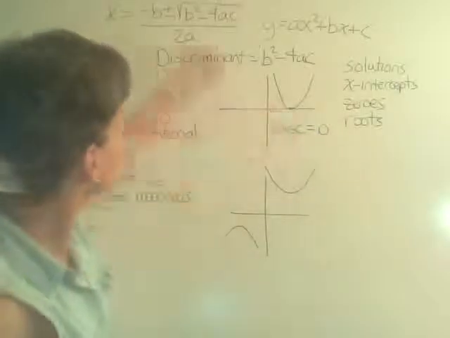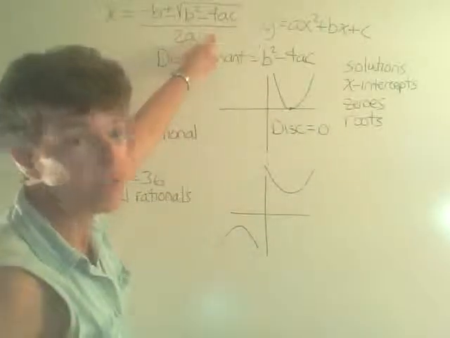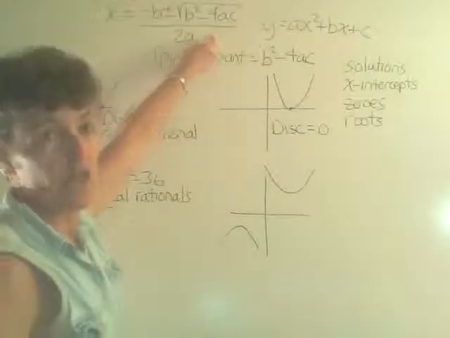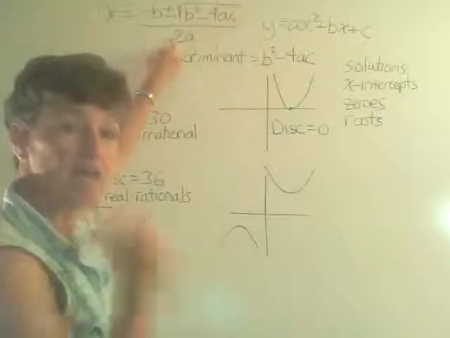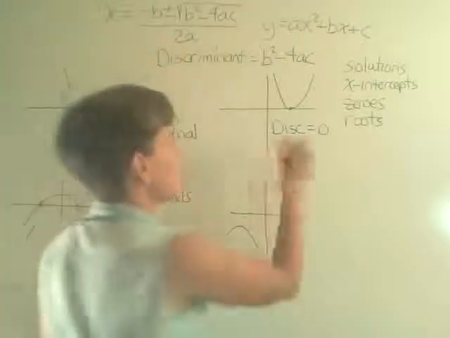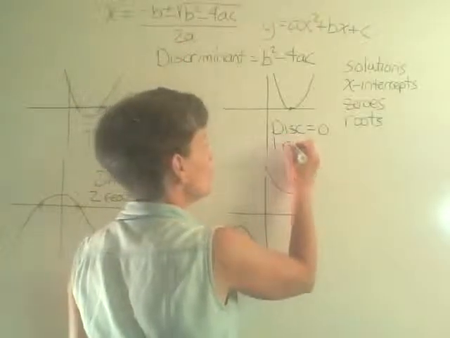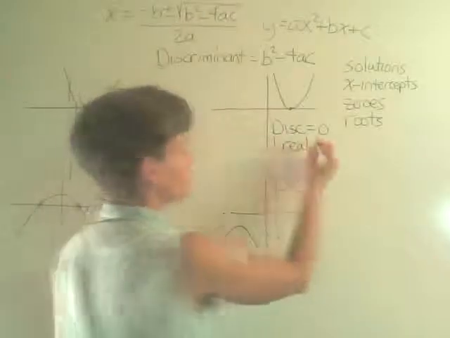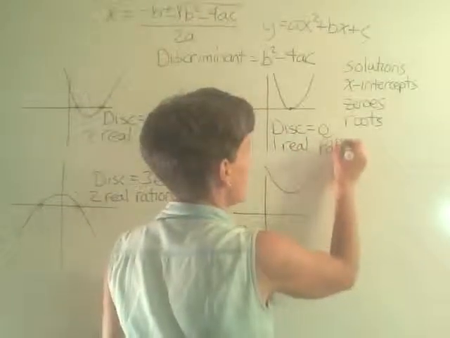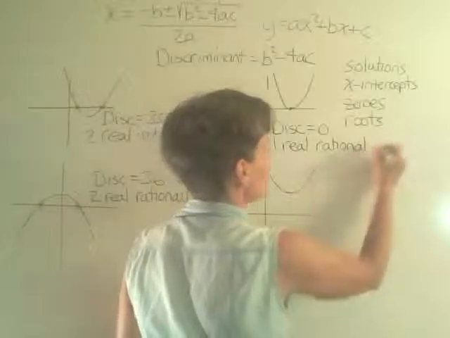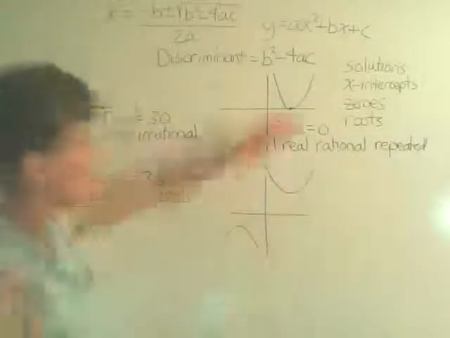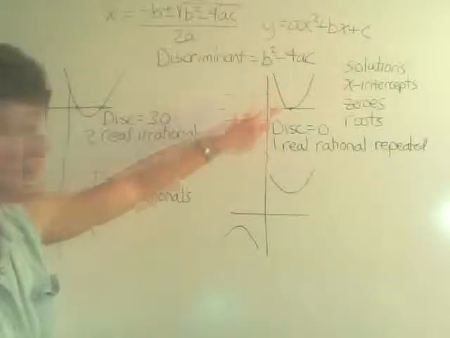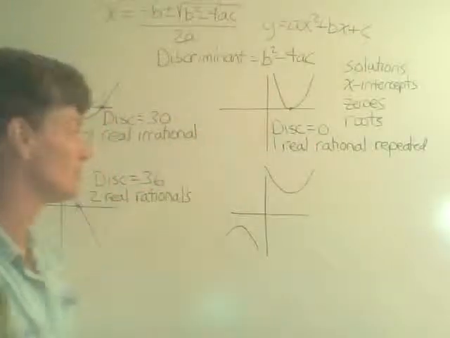If my discriminant is equal to 0, I don't even have a square root. My only answer is x equals negative b over 2a. I have one answer, but it's one real answer. It's real, it's rational, and it's a repeated answer. So these parabolas, these quadratics, have a discriminant that is 0.